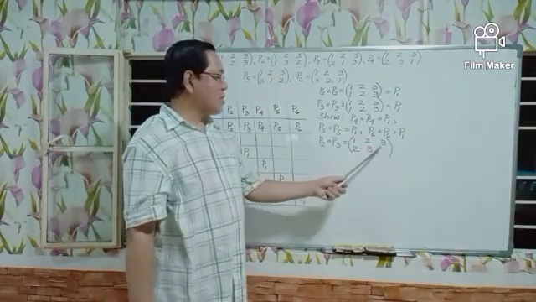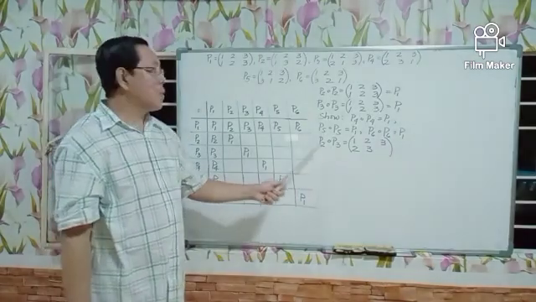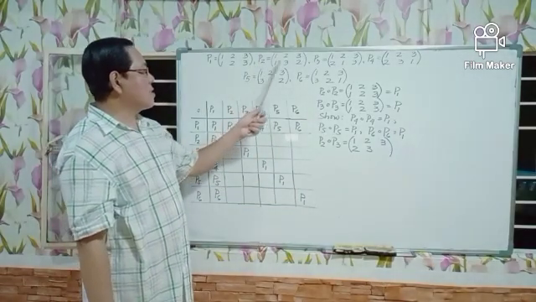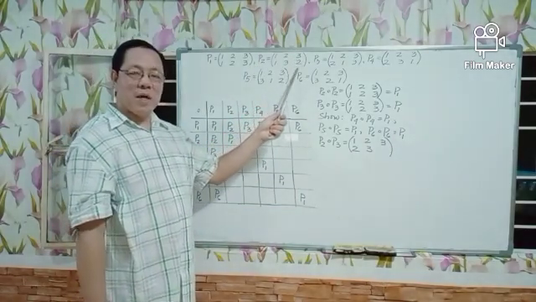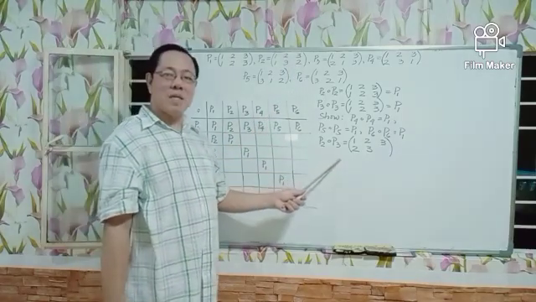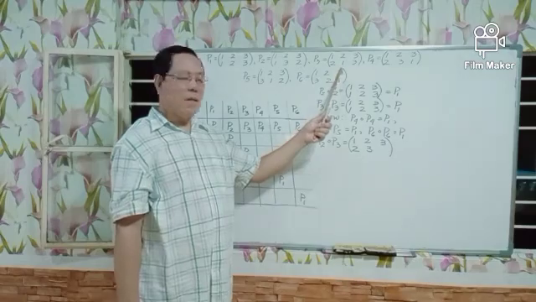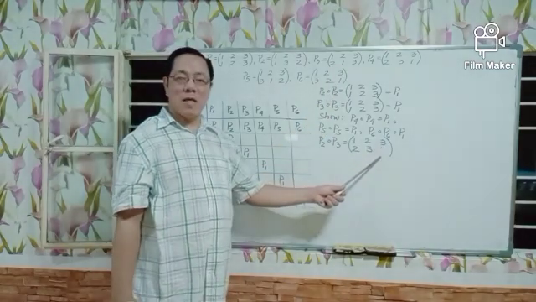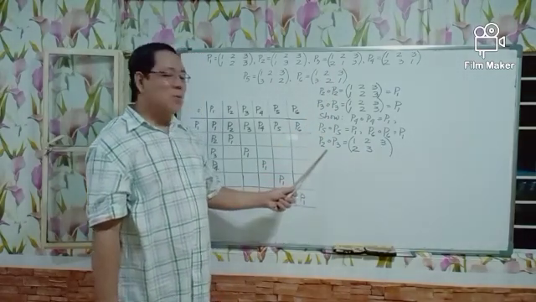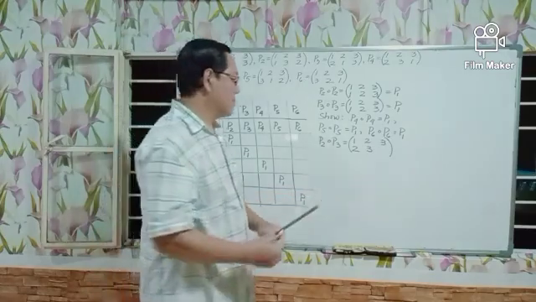Next, we find the image of 3 under P2, and P2 assigns 3 to 2, and we find the image of 2 under P3. Under P3, 2 is assigned to 1. Thus, 3 is assigned to 1 under P2 circle P3.